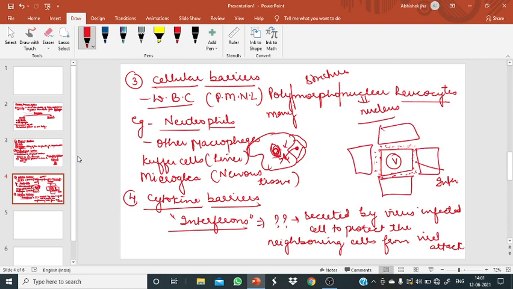This cell is infected by a virus, and these all are neighboring cells of that cell. So interferon secreted by this cell will not allow the growth of virus in the neighboring cells around it. In this way, cytokine barriers, by secreting interferons, the virus infected cells are protecting their neighboring cells from the viral attack. So, this is all about innate immunity.